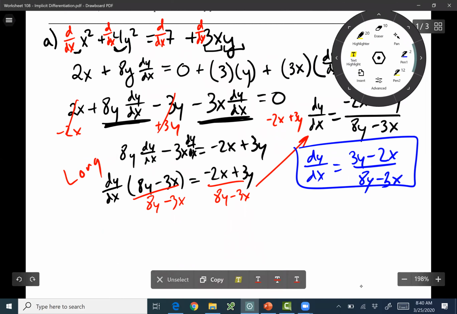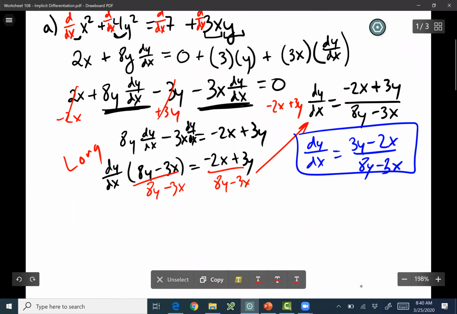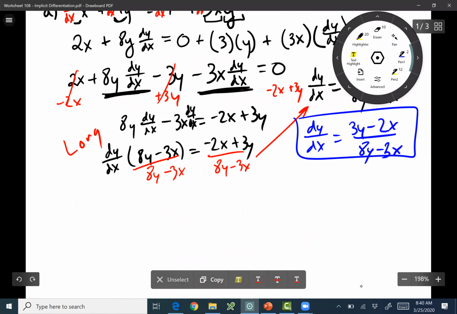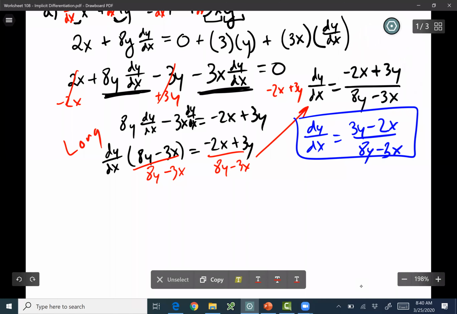One more thing I want to point out is they didn't on this question, but sometimes they might want us to make the x's positive. So they might have wanted to have written this as (2x minus 3y) over (3x minus 8y).